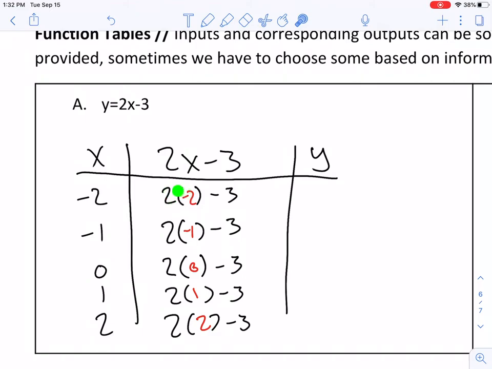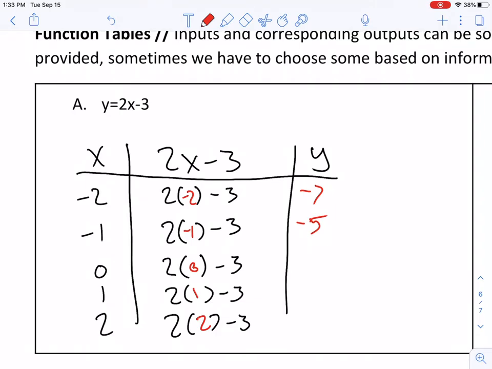So I'm saying 2 times -2, which is -4, minus 3 gives us -7. If you needed to write this out off to the side, you would do that. 2 times -1 minus 3 is 2 times -1, which is -2, minus 3 gives us negative 5. 2 times 0 is 0, minus 3.